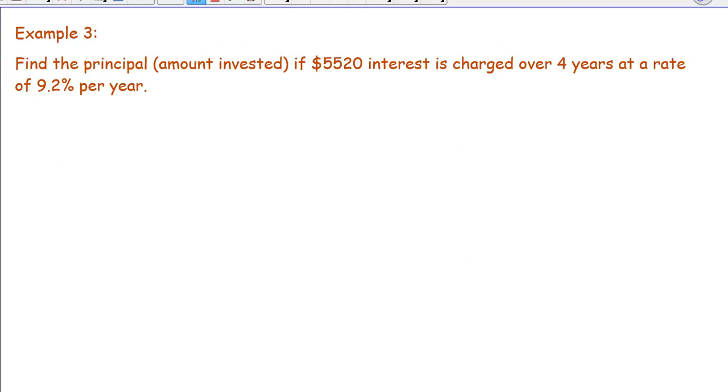Last example. Find the principal, or the amount invested, if $5,520 interest is charged over 4 years at a rate of 9.2% per year. So it looks like what you're trying to find here is the principal.